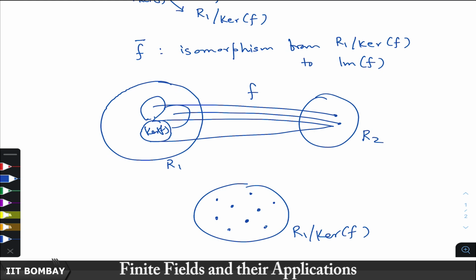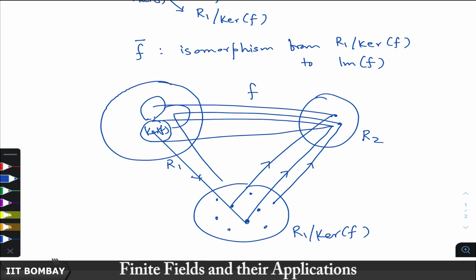So, if this is the kernel F, it goes to this element, and similarly the other cosets go to other elements here. So, this map is basically merging the cosets to view them as elements in this new ring.